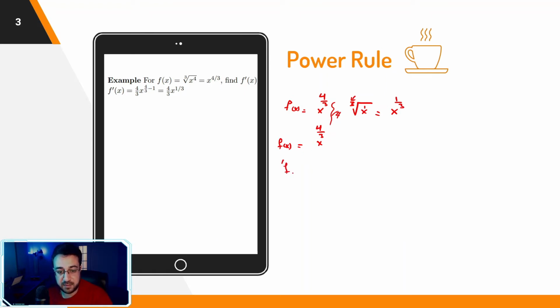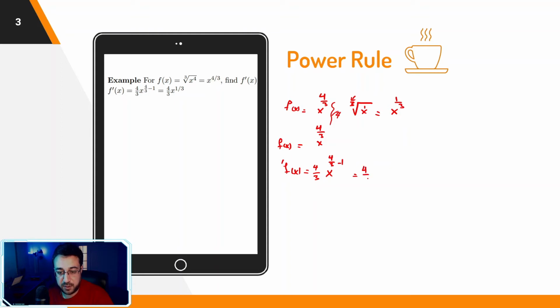Finding the derivative of that representation gives you the same rule, the power of x to the power of n. N here is 4 over 3. So we say 4 over 3 multiplied by x to the power of 4 over 3 minus 1. 1 can be represented as 3 over 3.